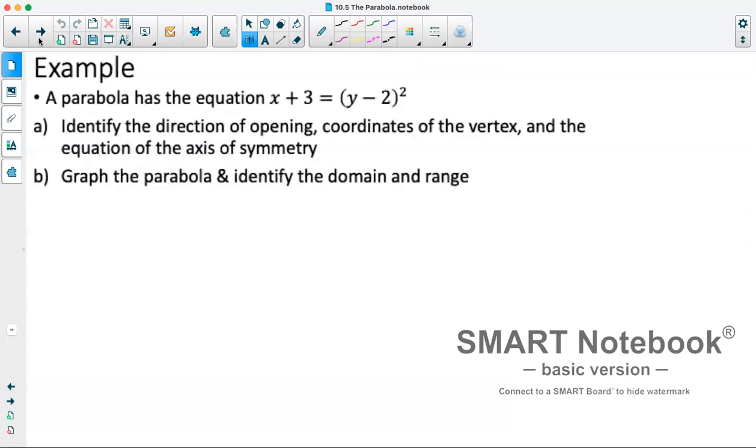So example, a parabola has the equation x plus 3 equals (y minus 2) squared. You want to identify the direction of opening, coordinates of the vertex, and the equation of the axis of symmetry. So direction of opening, we can see technically a is positive, so it's going to open to the right.